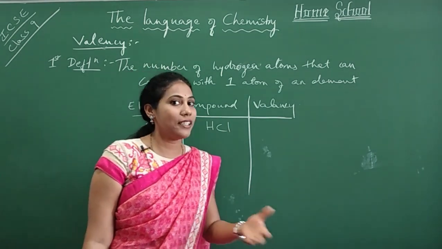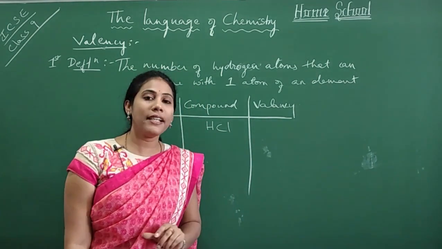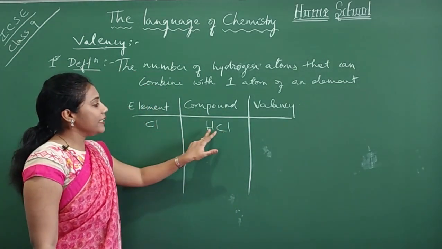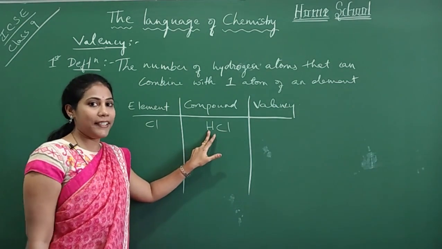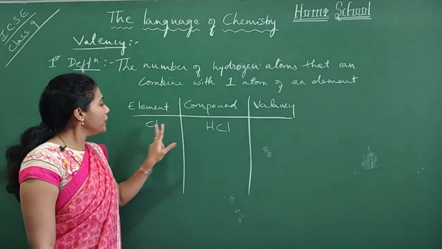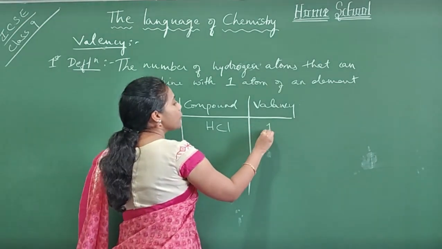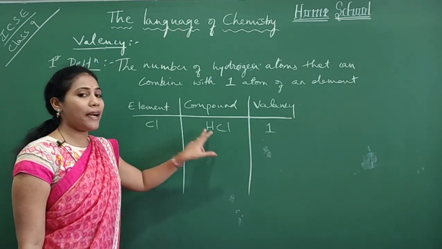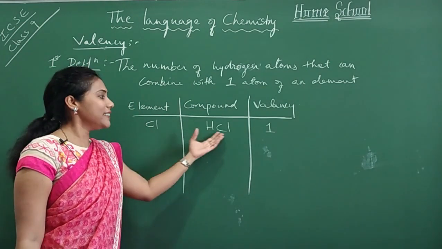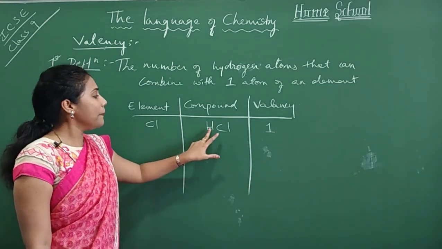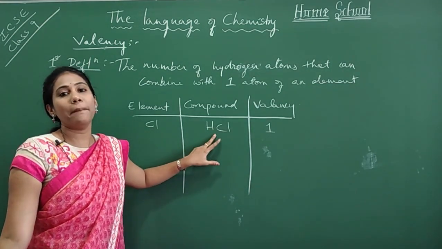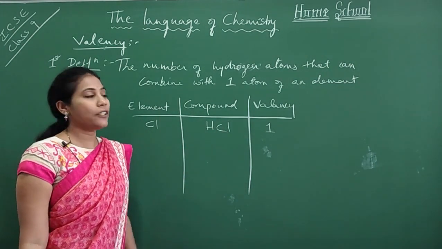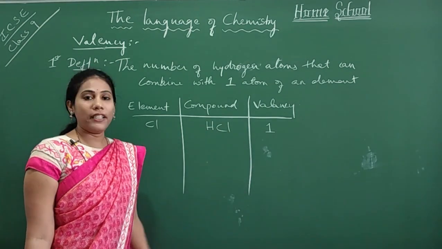We keep using it in normal chemical labs to show simple reactions, isn't it? This Cl can combine with only one hydrogen atom, so the valency of Cl is 1. It cannot combine with 2 atoms of hydrogen or 3 atoms of hydrogen. It can only combine with 1 atom of hydrogen, so the valency of Cl is 1.